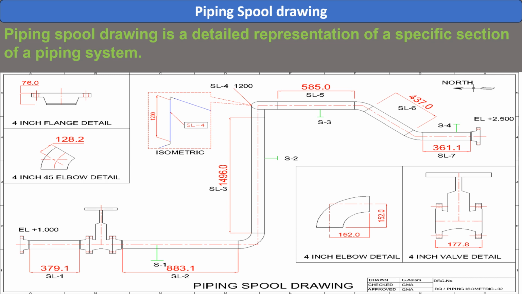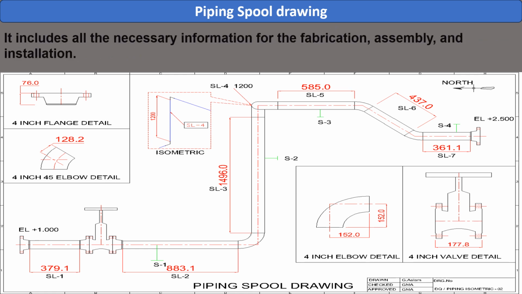Piping spool drawing is a detailed representation of a specific section of a piping system. It includes all the necessary information for fabrication, assembly, and installation.